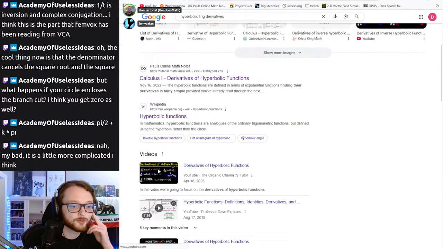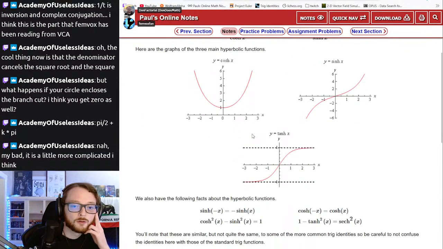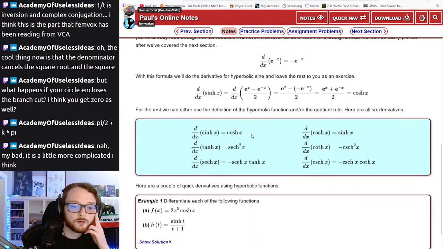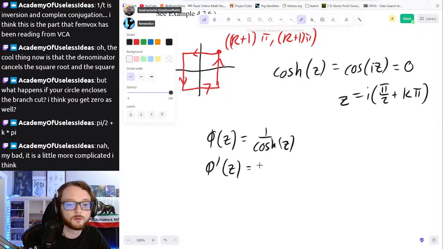Remember, 1 over cosh is hyperbolic secant. Oh, which has derivative minus sech tanh.